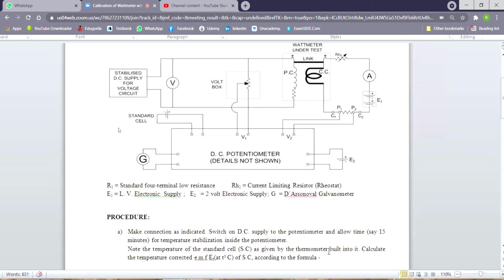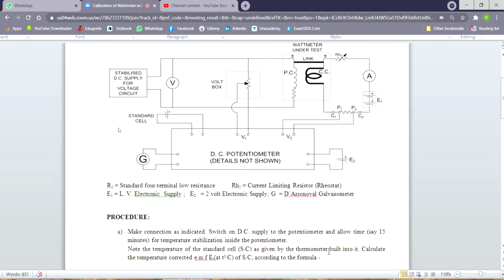Then we multiply them, and we get the reading of power from the potentiometer. That reading is compared with the wattmeter reading, and accordingly the error is calculated against that particular wattmeter reading. So that is the operating principle of the whole thing.